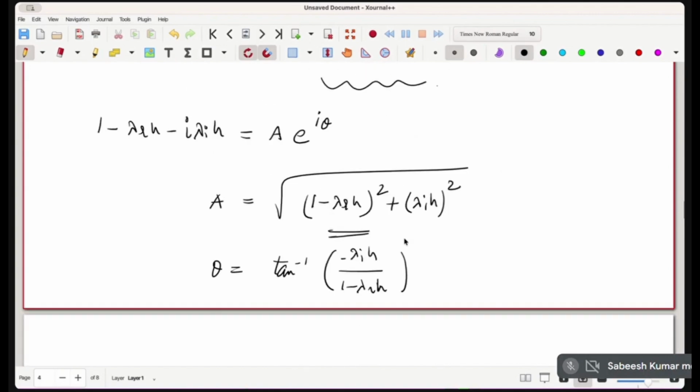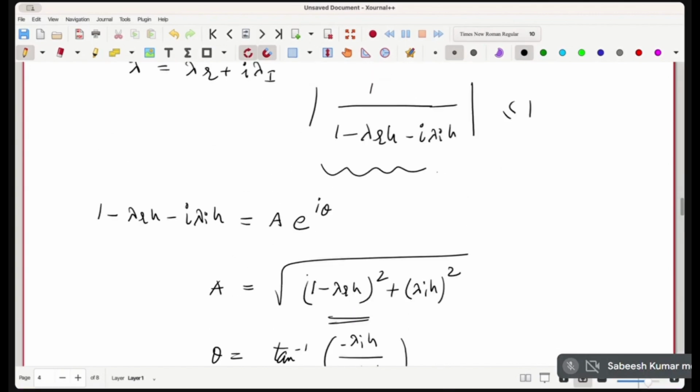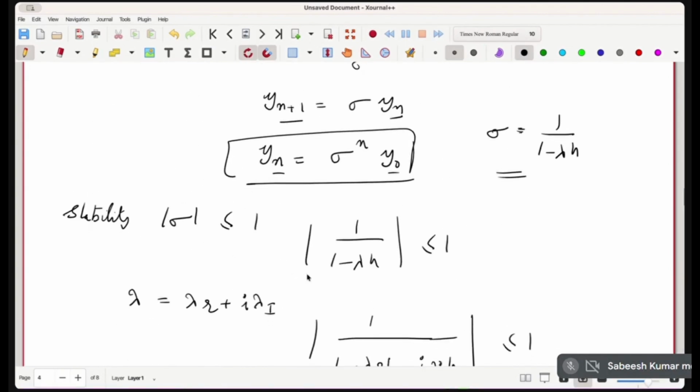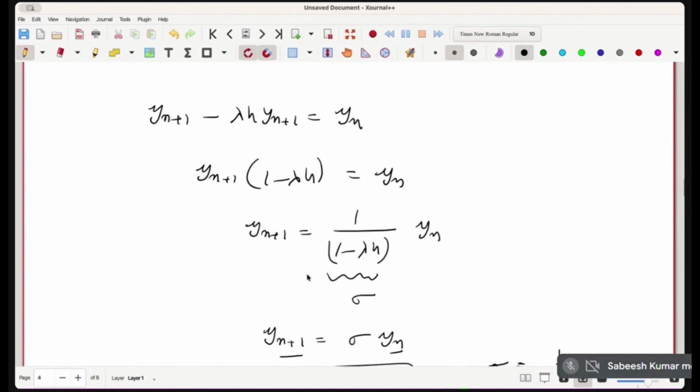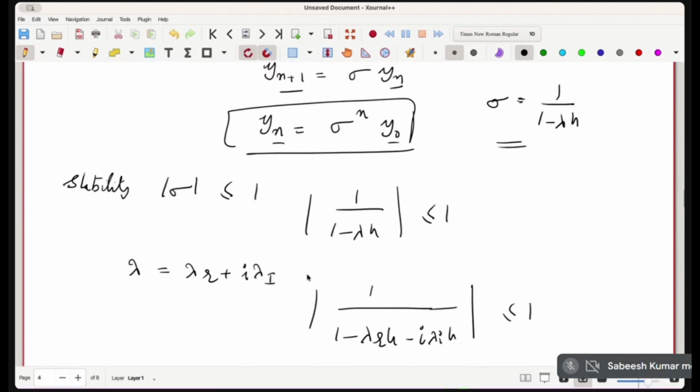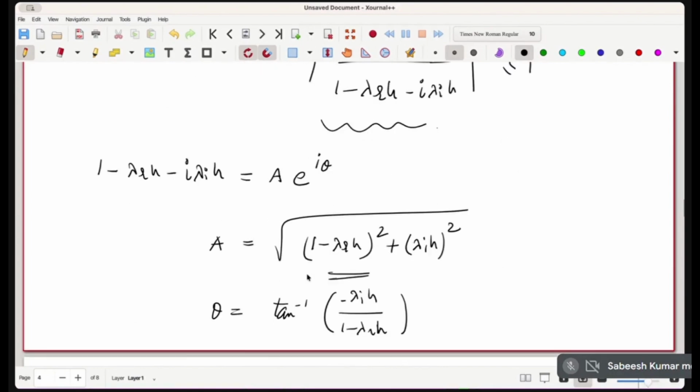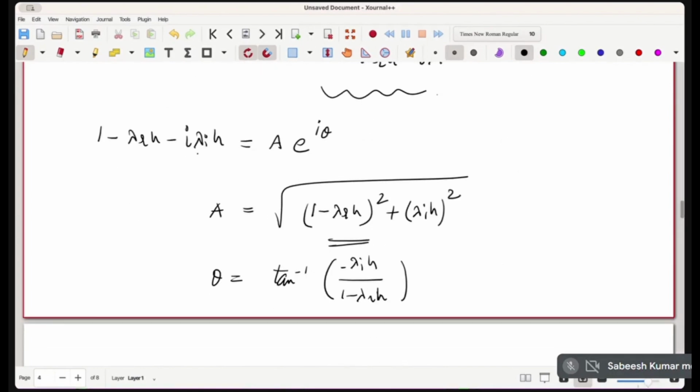So this is your theta, that is basically the imaginary part divided by the real part.